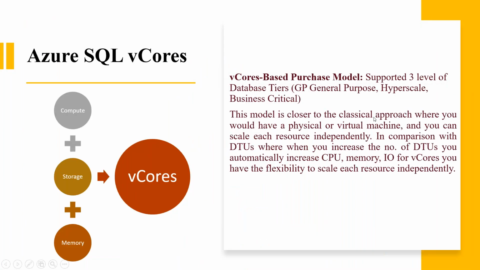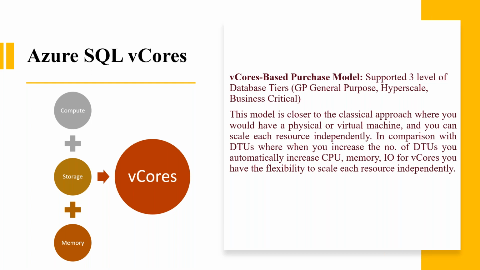The vCore based purchasing model supports 3 levels of database tiers: general purpose, hyperscale, and business critical. In general purpose, we have two methodologies: one is provisioned and one is serverless. Very interesting concept, we'll discuss it when we deploy the Azure SQL database. This model is closer to the classical approach where you would have a physical or virtual machine.